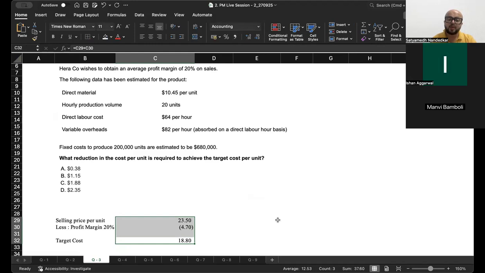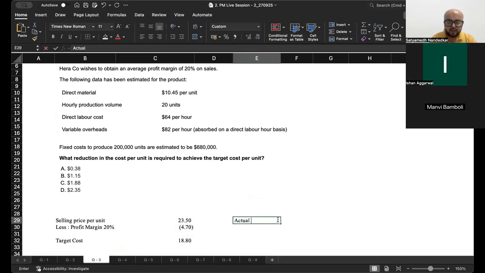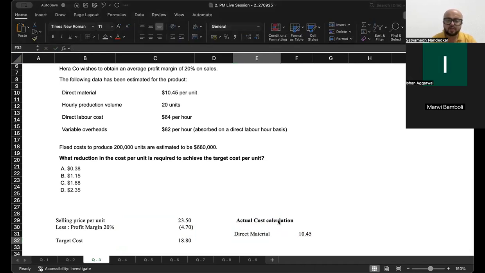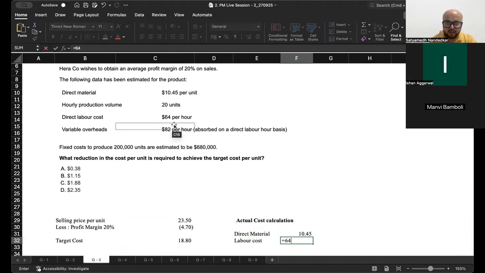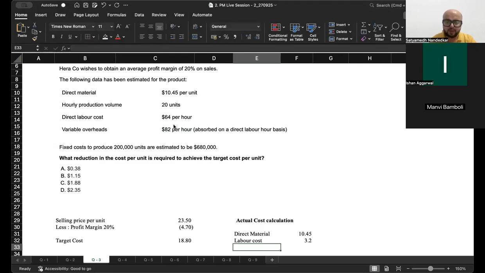The following data has been estimated. Now I'll need the actual cost calculation. Direct material is 10.45 per unit. Hourly production volume is 20. Labor cost is 64 per hour, and in 1 hour you can make 20 units, so 64 upon 20.